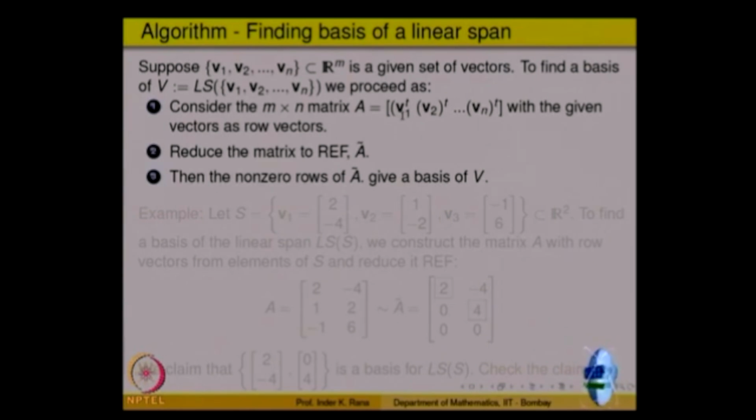Because v1 is normally taken as a column, and I want to write it as a row vector. So form a new matrix A whose first row is the vector v1 written as a row vector, second row v2 written as a row vector, and so on. You will get a matrix A.